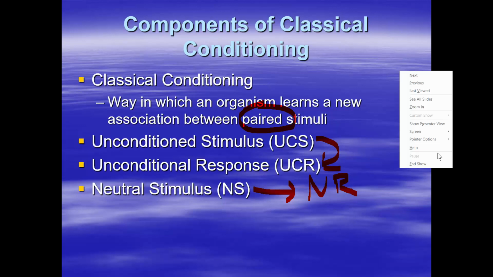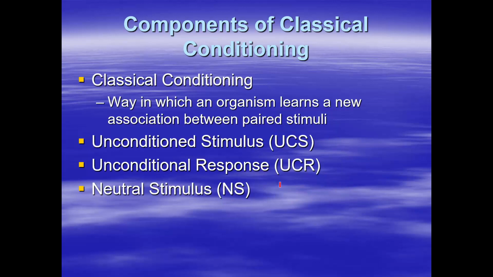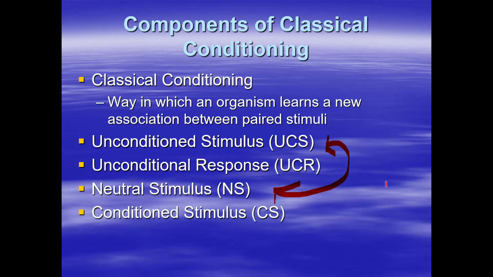Obviously, this stimulus was being paired with the unconditioned stimulus daily, so these two things were occurring together and being paired in time. So eventually, Pavlov discovered that the dog would salivate to the presence of a person. So that neutral stimulus now becomes a learned stimulus, or as Pavlov stated, a conditioned stimulus, which produces a conditioned response.